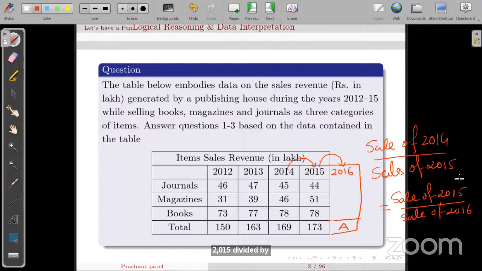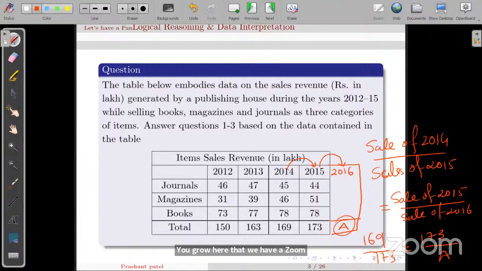Now you just need to substitute these values. Sale of 2014 is 169, divided by sale of 2015, which is 173, equals sale of 2015, again 173, divided by sale of 2016. Sorry, for 2016 we have assumed it is A.